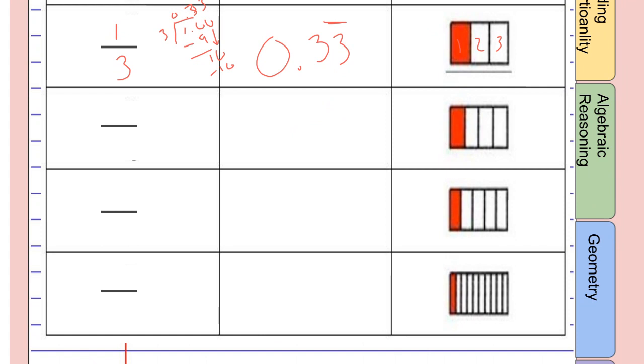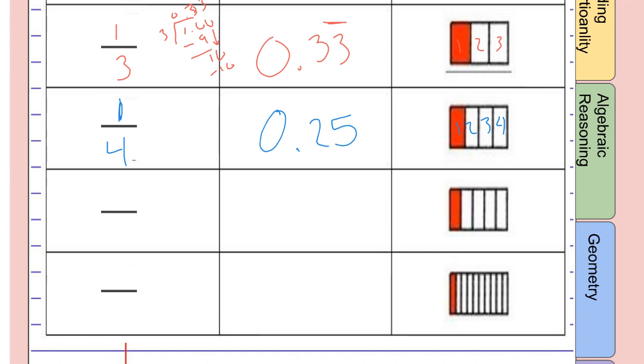All right, this one, we have 1 shaded again out of 1, 2, 3, 4. And this time we're going to think about money. If we have 1 whole dollar and 4 coins that equal a dollar that are all the same, they are worth 25 cents. And some of you might have already done that.